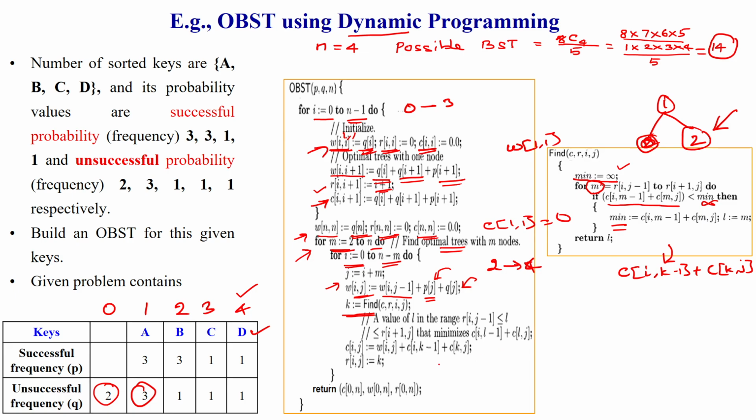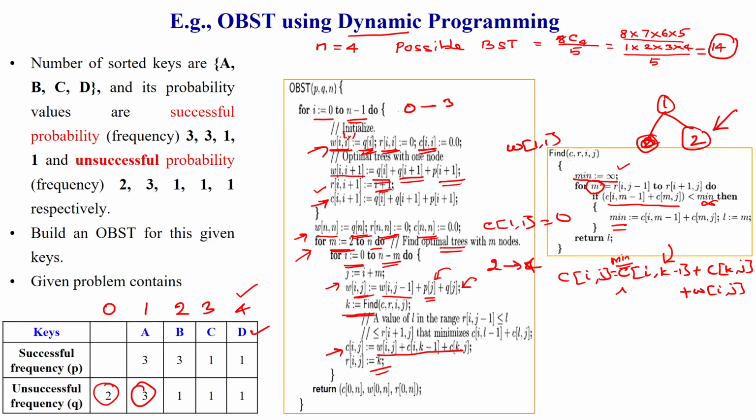Okay, so based upon this, then I have to find the cost with respect to this formula, right? c of i comma k minus 1 plus c of k comma j plus w of i comma j. So this is the value finally we have to identify. The minimum value should be for k, right?